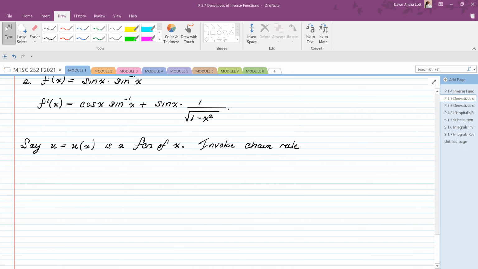So that would say that the derivative with respect to x of the sine inverse of u of x, well, we would get 1 over the square root of 1 minus u squared, but then we have to multiply by the chain rule, du dx.